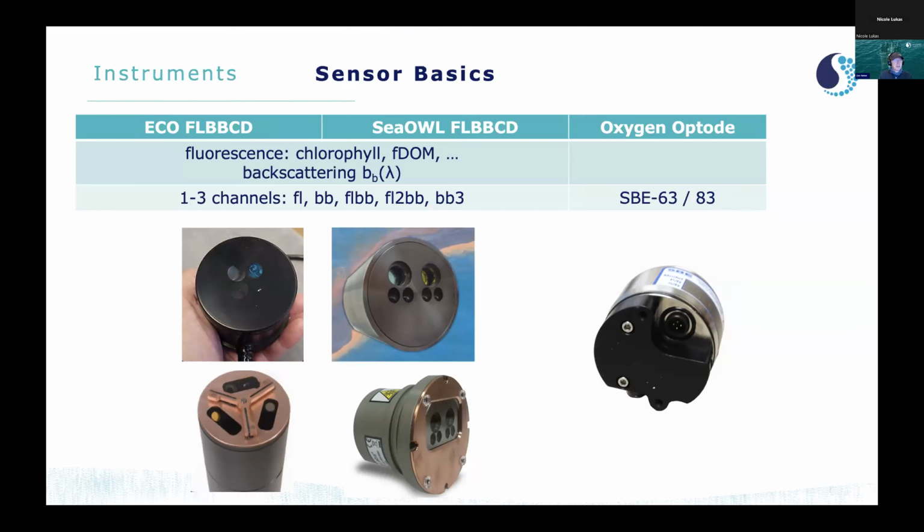We have 2 sets of sensors right now that provide essentially those 3 measurands: the ECO line and then the CL. Some people know this as the MCOMs when it appears on a Navis float. And then our oxygen optode, the 63. The 83 has a flow-through plenum. I won't be showing that instrument today, but all the processing that applies to the 63 applies to the 83 because it has essentially the same optode underneath.